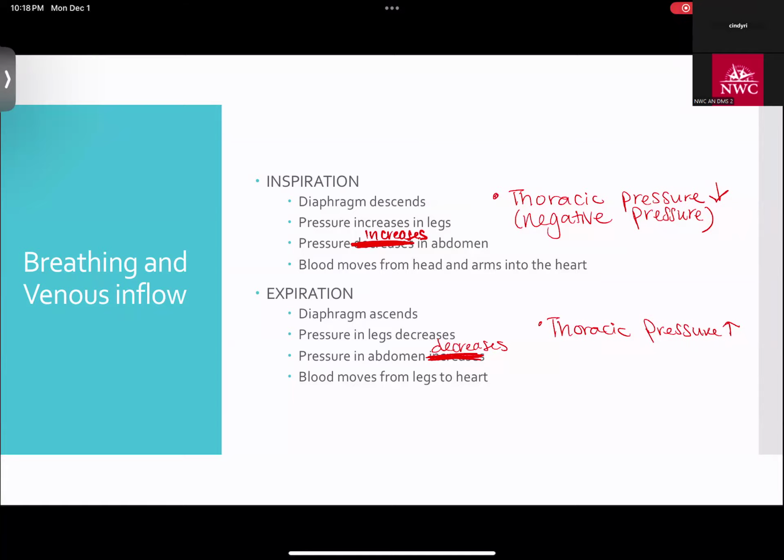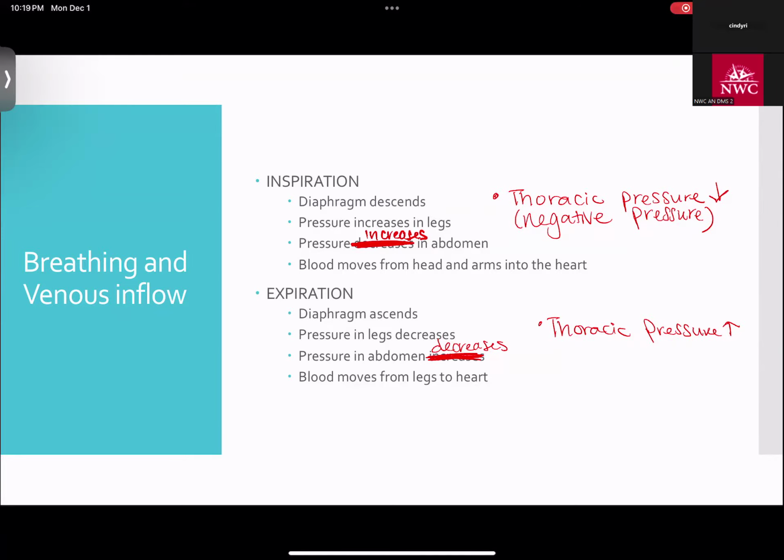If it's pushing down on the abdomen and increasing the pressure in the abdomen, it's releasing the pressure, going to a negative pressure in the chest. You can't have pressure increase in both your chest and your abdomen at the same time. They take turns. The opposite goes for expiration. When you release that breath, your diaphragm moves up, ascends, and now it shifts the pressure onto the thoracic cavity.